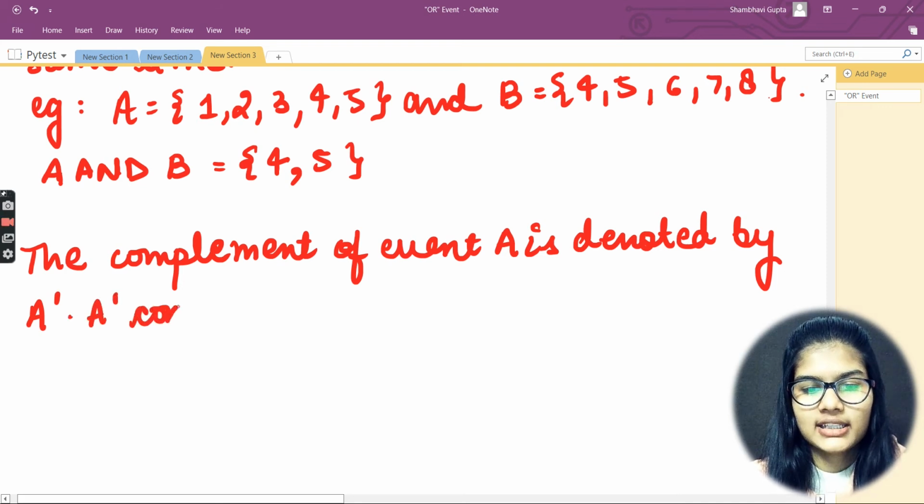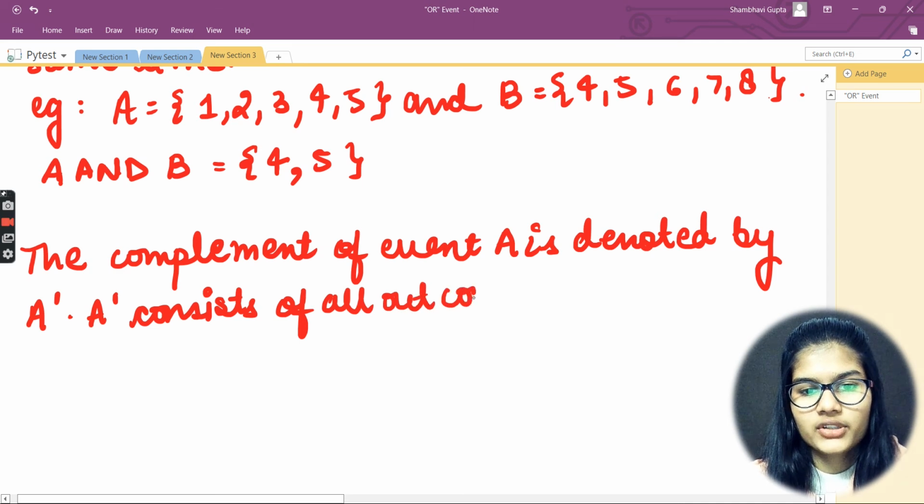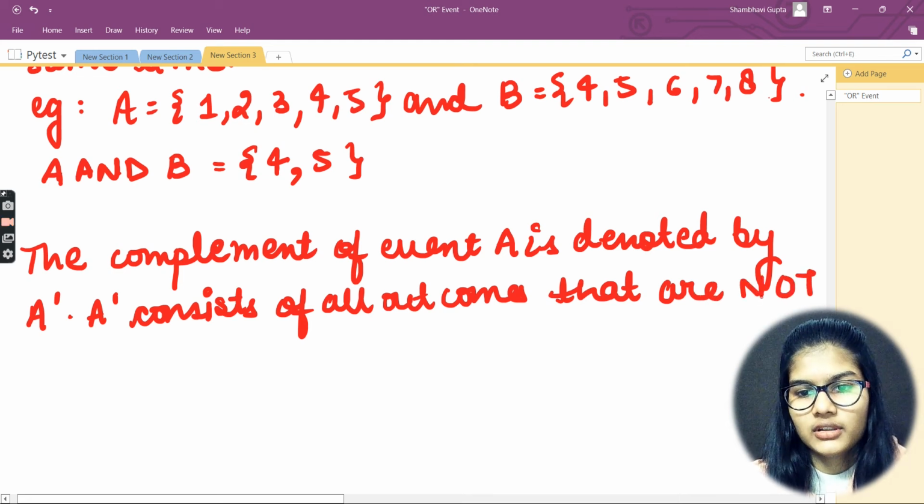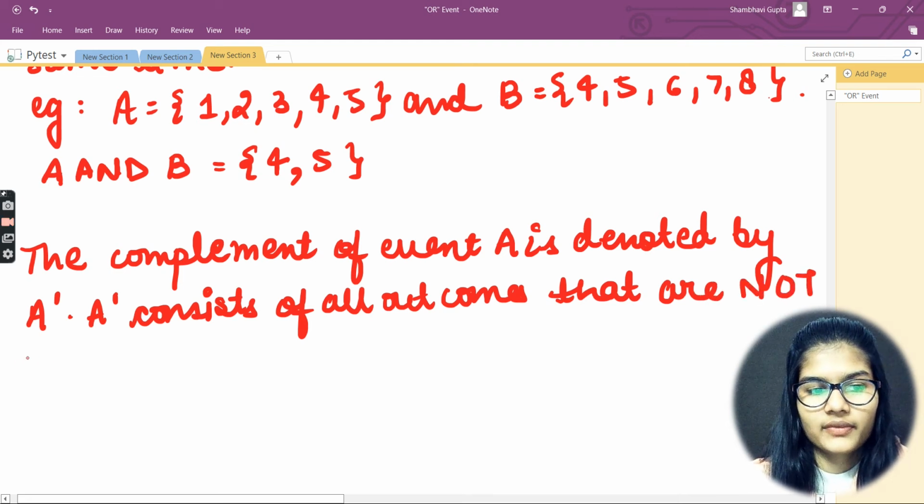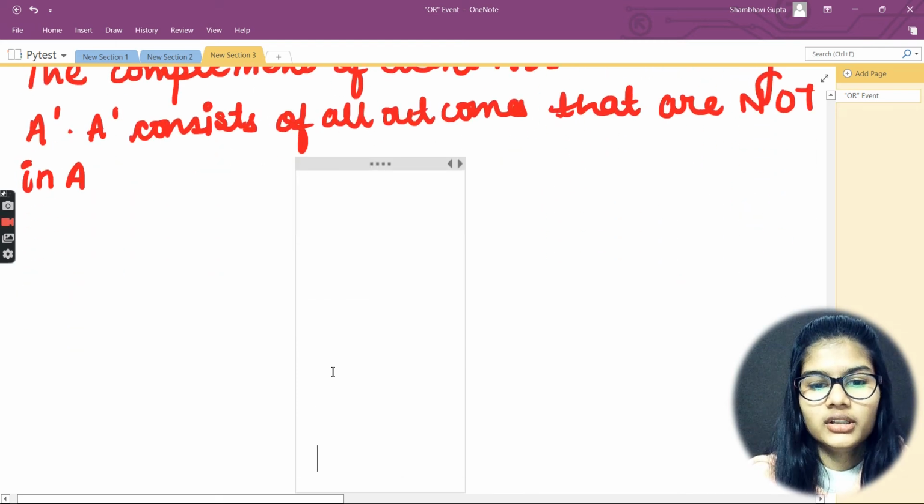So A prime consists of all outcomes that are not in A.